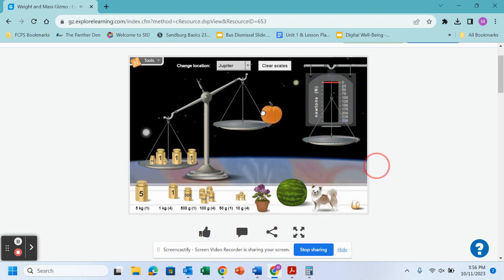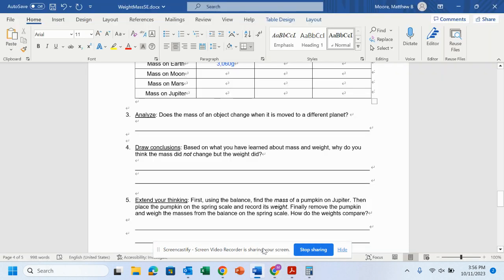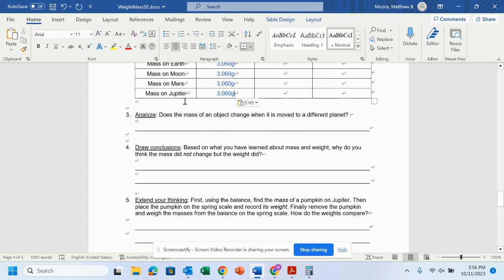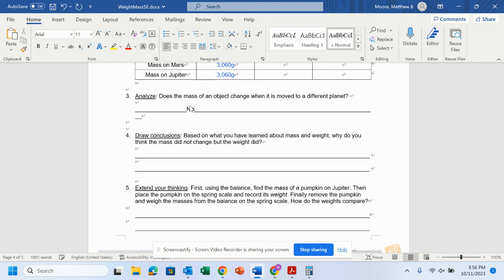So does the mass change? No. Okay. So we know that the mass of the pumpkin is the same on every planet. So you just copy and paste. Okay, so then you're going to do the dog and the watermelon by yourself. Does the mass of an object change when it moves to a different planet? And you would say no. The mass stays the same.